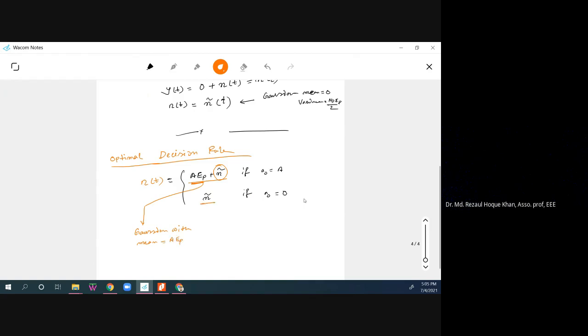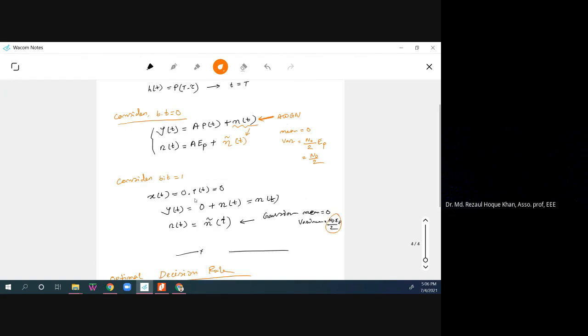And for this other case, it is also a Gaussian with mean 0. This was also mean 0, but when we add this one, the mean changes and becomes a new mean. For both cases, of course, the variance is the same. We have seen the variances are the same, right?